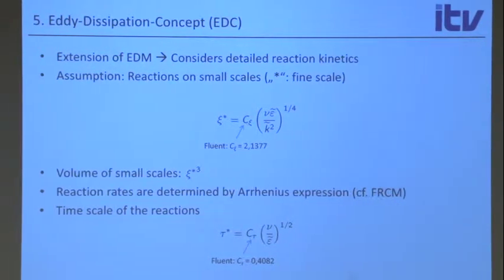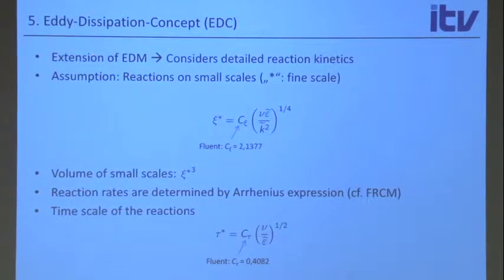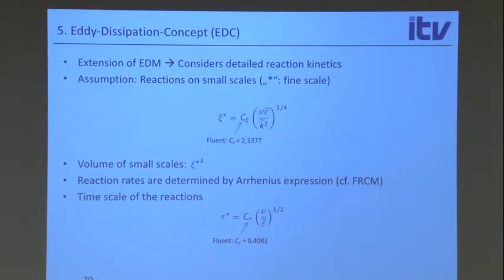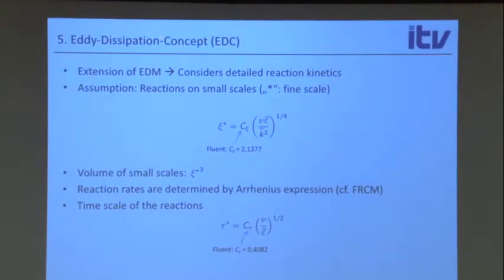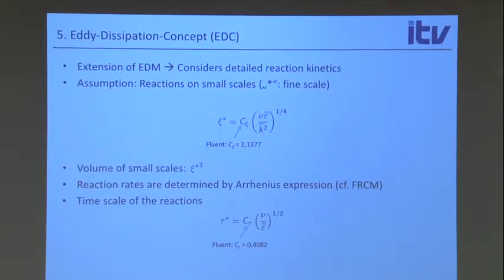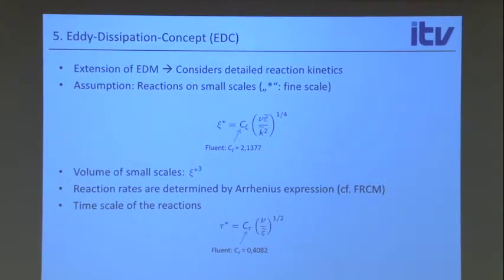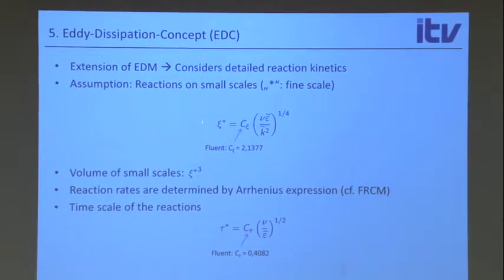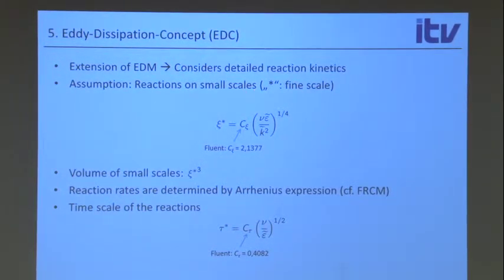So this here is, I think, a model like you described it, with a partially stirred reactor. Now we had the Eddy Dissipation Model, Eddy Breakup Model, and now this is called Eddy Dissipation Concept. So the idea here is that you define a length scale over which these reactions should happen.